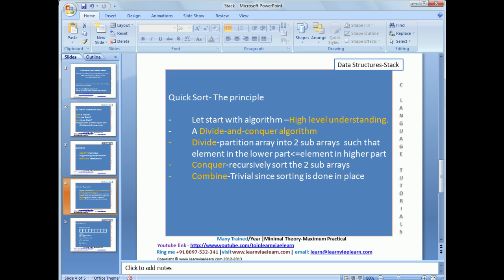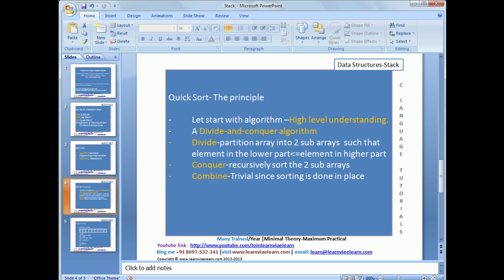It's basically also called divide and conquer. The idea behind why we say divide and conquer is, let's say we have a problem, and we divide the problem into two or more subparts.